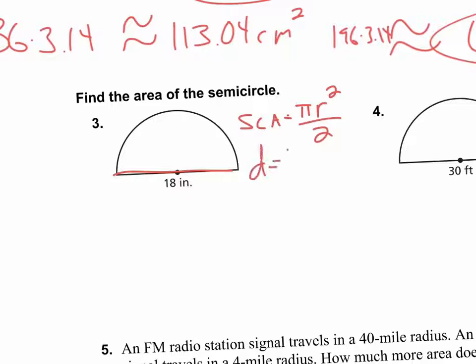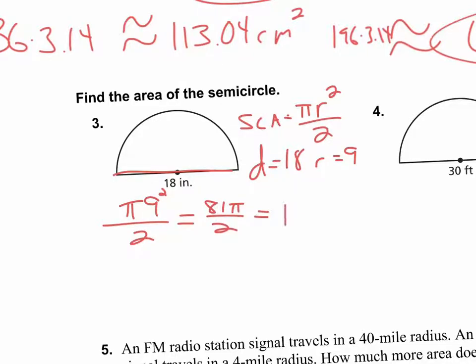So d is 18, so my radius would have to be half that, which is 9. So I'm doing pi times 9 squared divided by 2. So I get 81 pi divided by 2. I take 81 divided by 2, I get 40.5 pi, and this would be inches squared.